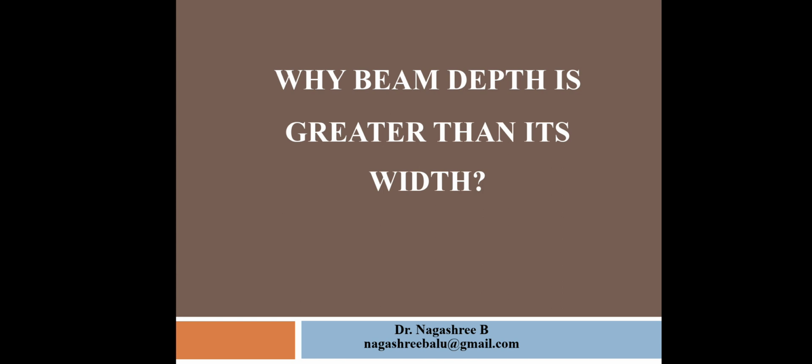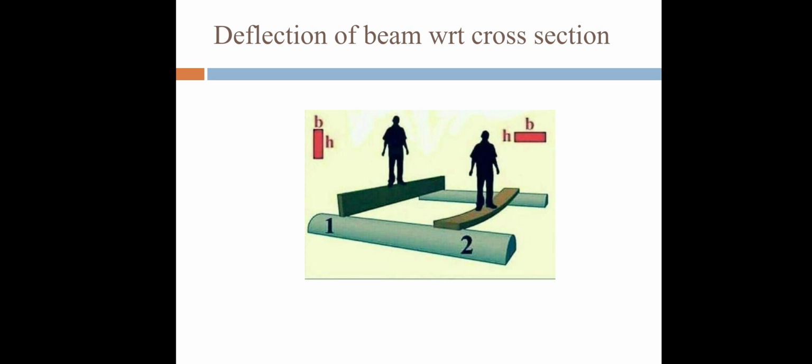So today we'll be discussing why the depth of the beam is always greater than its width. In order to understand this concept, I have taken a pictorial representation. Here you can see a person standing on a wooden plank with the same geometrical dimension but different orientation.